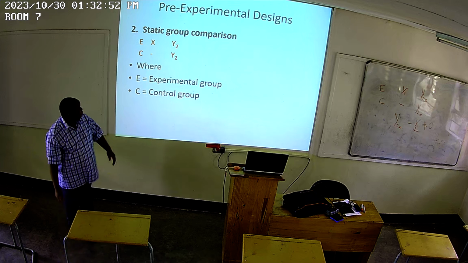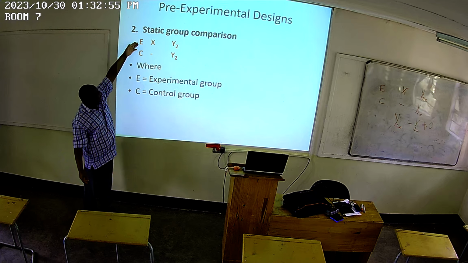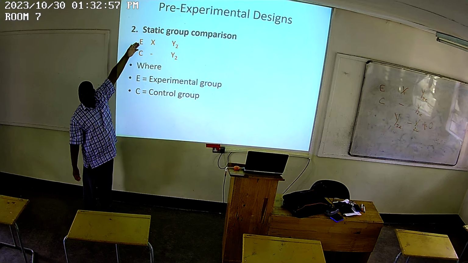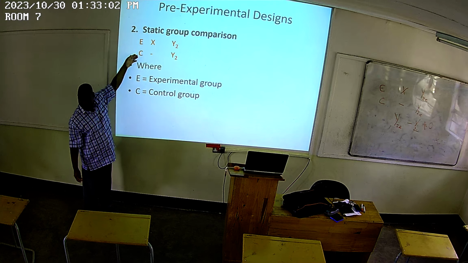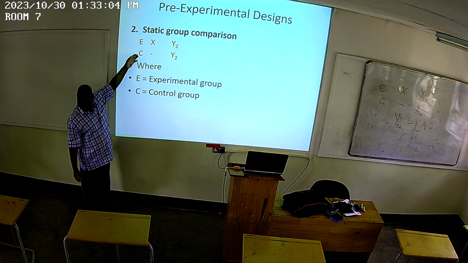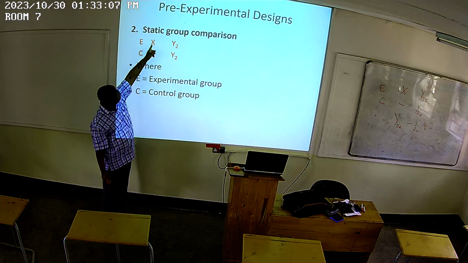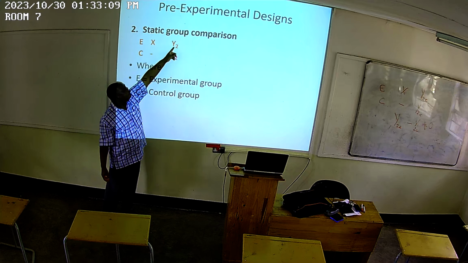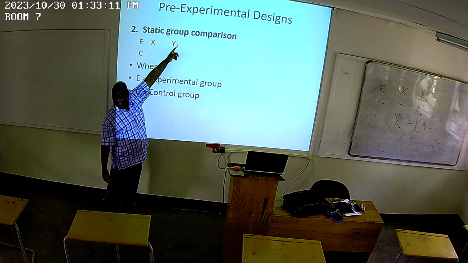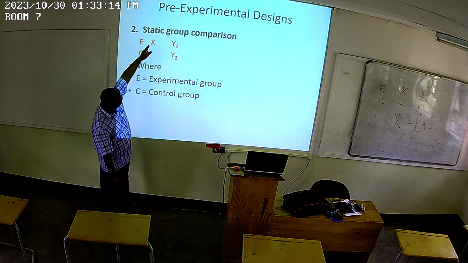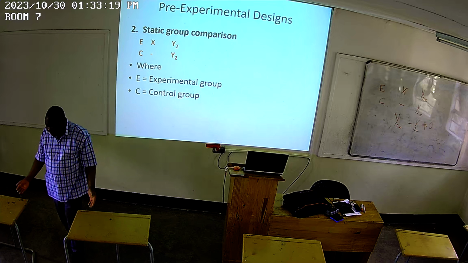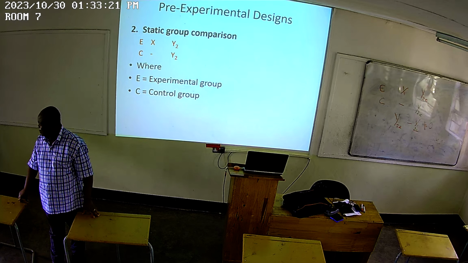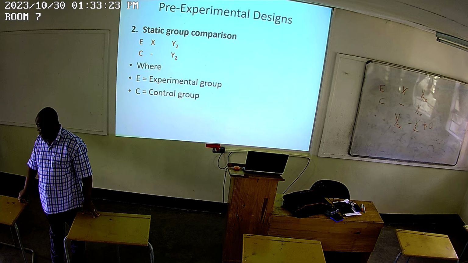It could be that this group is made up of very high performing students, and this group is made up of lower performers. Now, if you give them a treatment and they perform much higher here, is that performance a result of the treatment or a result of their initial difference? You see how that design has differences?